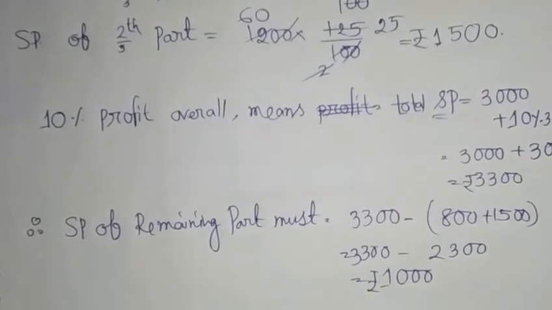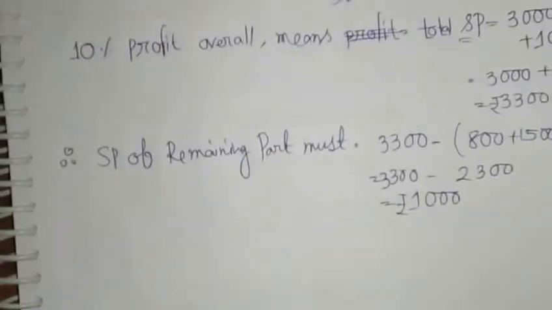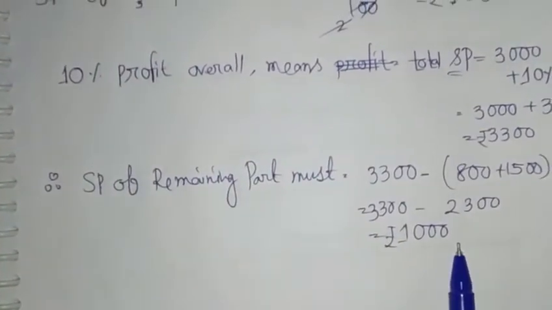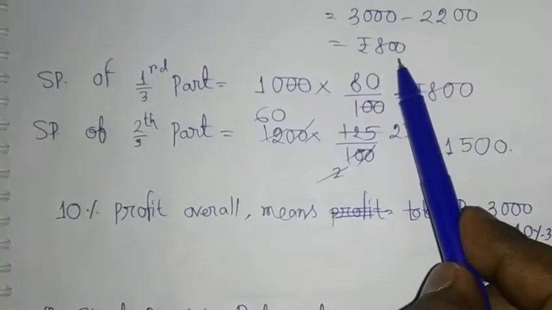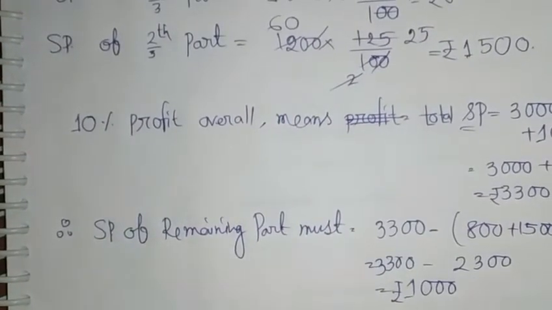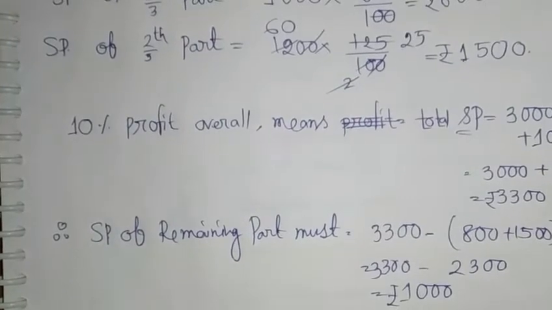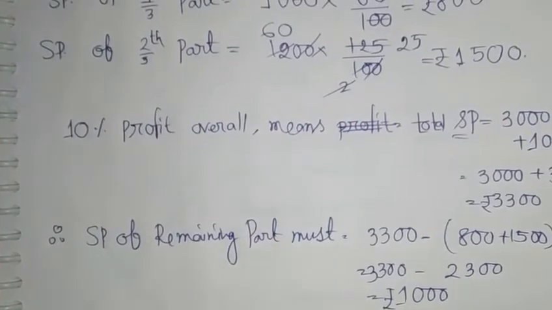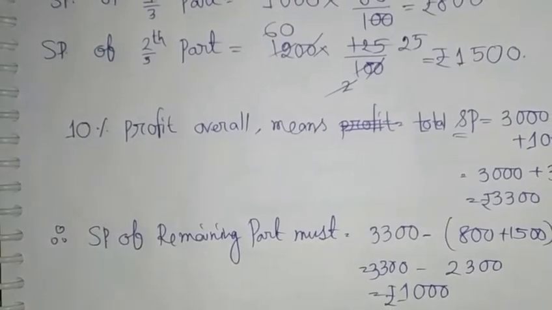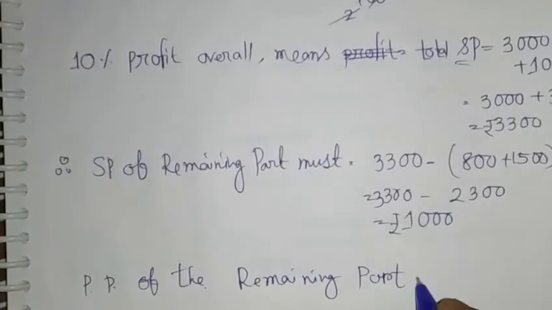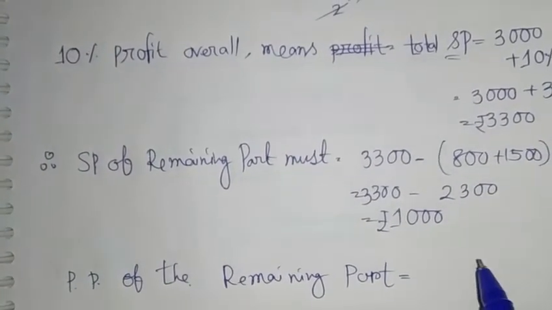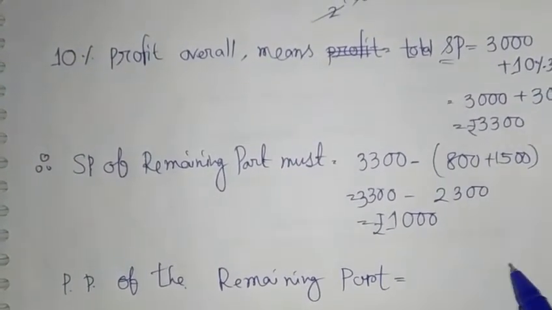Okay. Now the selling price of the remaining part is 1000 and the cost price of the remaining part was 800. Therefore the profit percentage of the remaining part is equal to selling price minus cost price by cost price into 100.